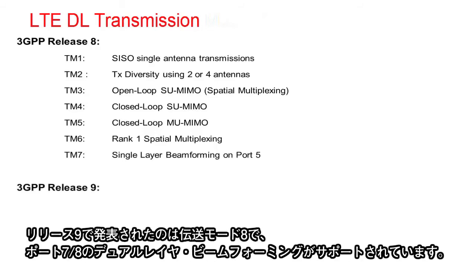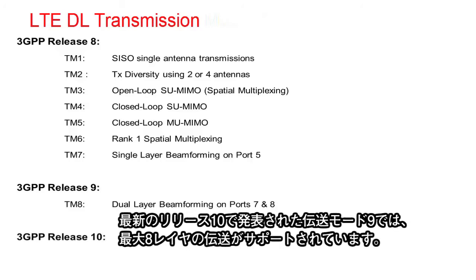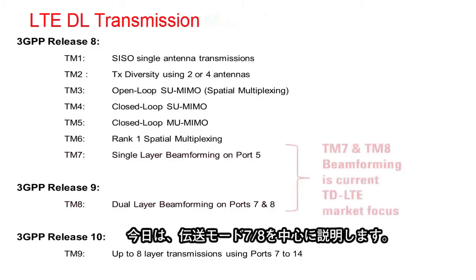Release 9 introduced transmission mode 8, supporting dual-layer beamforming on port 7 and 8. And finally, Release 10 introduced transmission mode 9, supporting up to 8-layer transmissions. For today's discussion, we will focus on transmission modes 7 and 8.